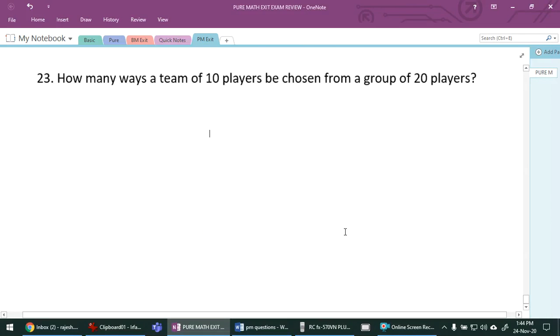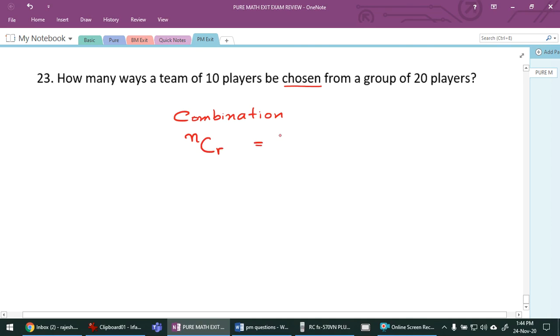Question number 23. How many ways can a team of 10 players be chosen from a group of 20 players? Here we are using the word choose. Then this is a problem of combination. The rule is nCr.